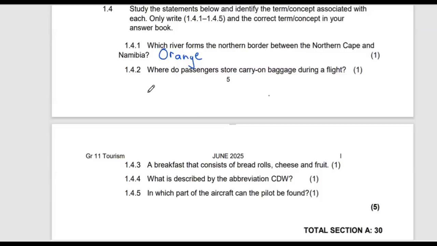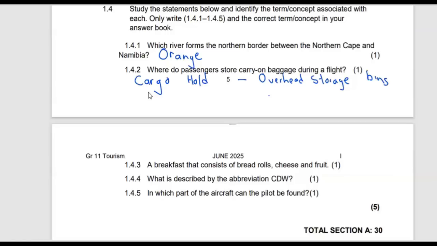Baggage is stored in the cargo hold, or it can be in overhead storage bins.